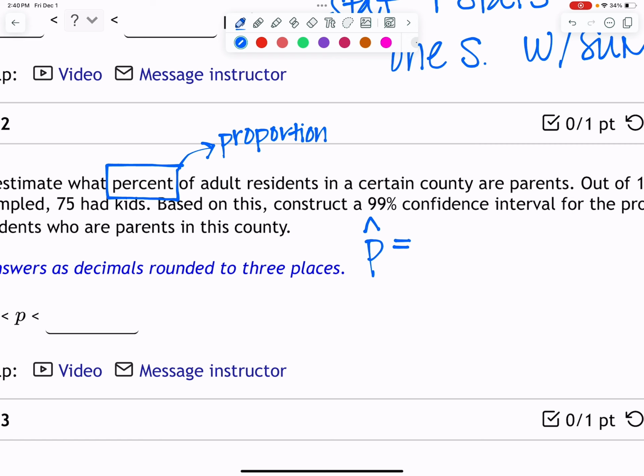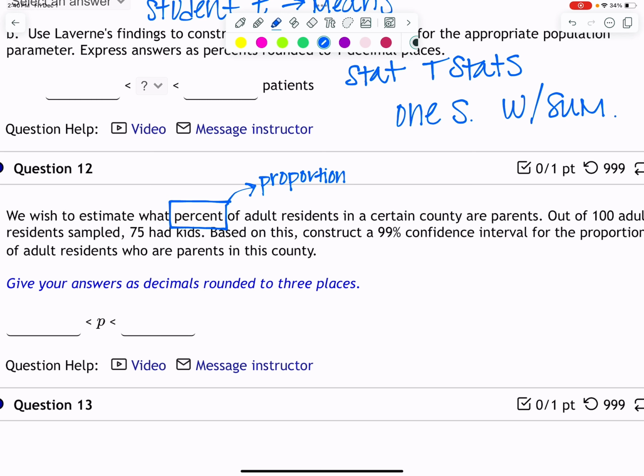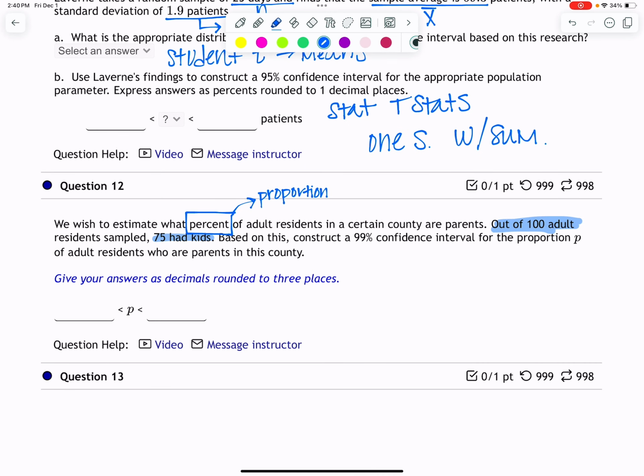When you plug this into StatCrunch, it asks you for number of successes and number of trials or sample sizes. So you have number of successes, 100 is your sample size. I think that's all it asks you for. Let me double check. Number of successes was 75.